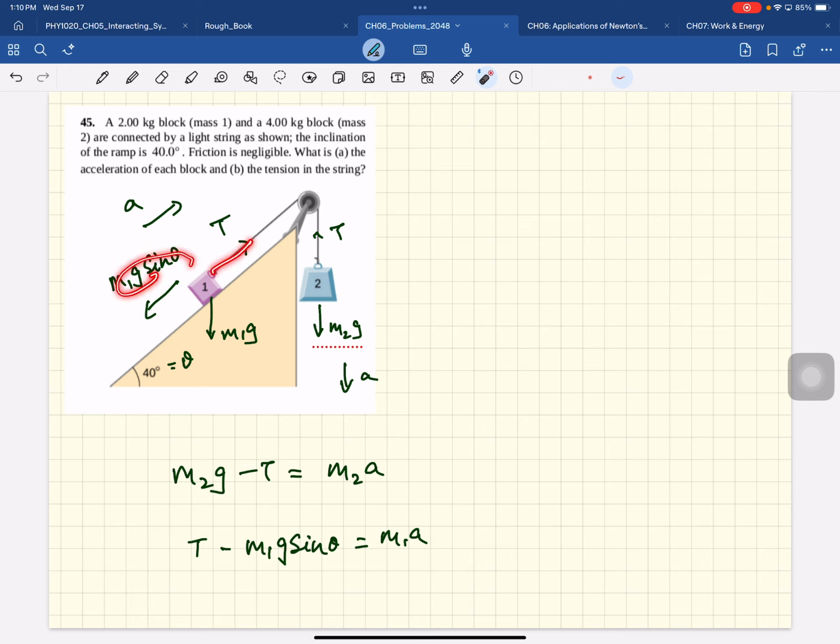Tension minus M1g sine theta is M1 times A. And again, we'll do the same thing. We'll add these two equations. The tension will cancel.